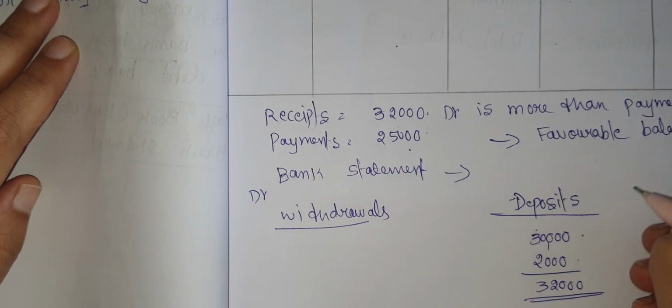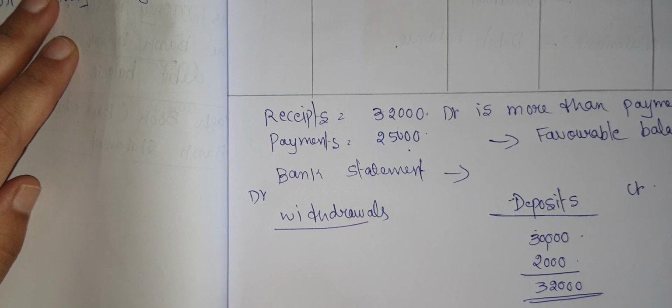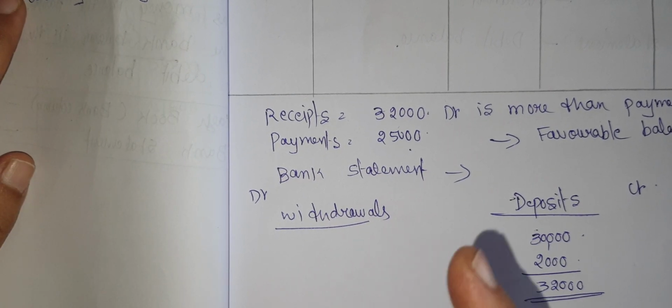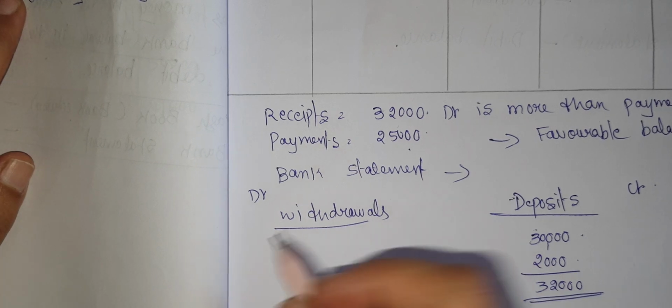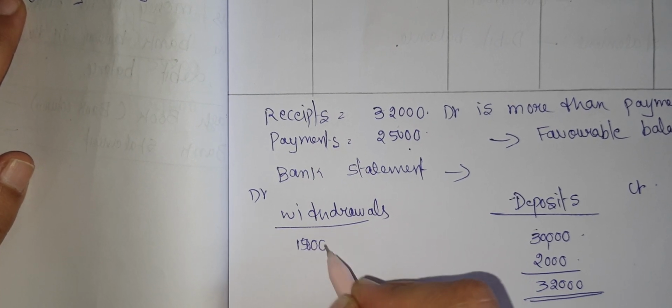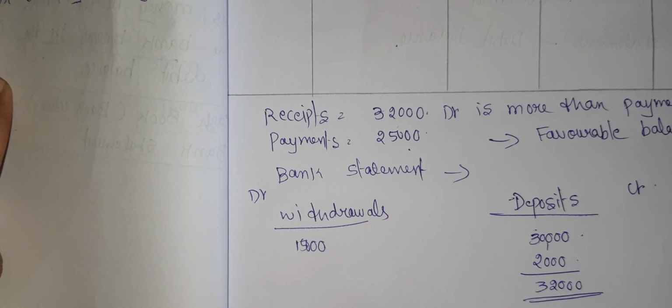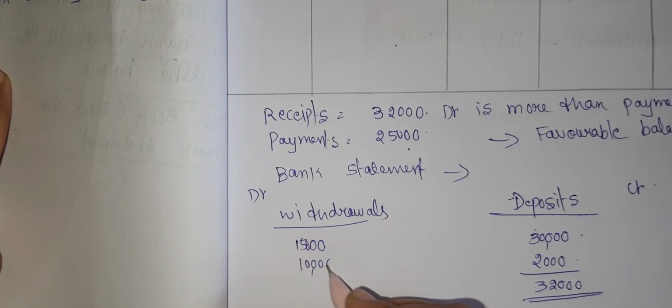Here debit and here credit. And withdrawals, issued a check of rupees 15,000 to pay for office supplies, that is rupees 15,000 withdrawals, and paid rupees 10,000 for electricity through online transfer, that is rupees 10,000. It means that is rupees 25,000.